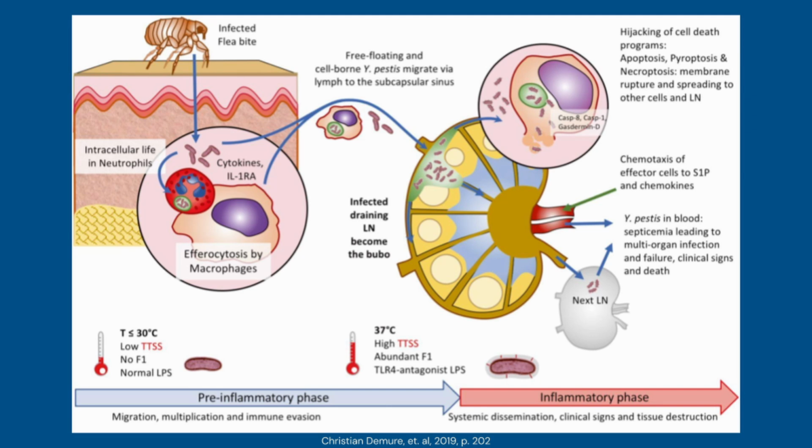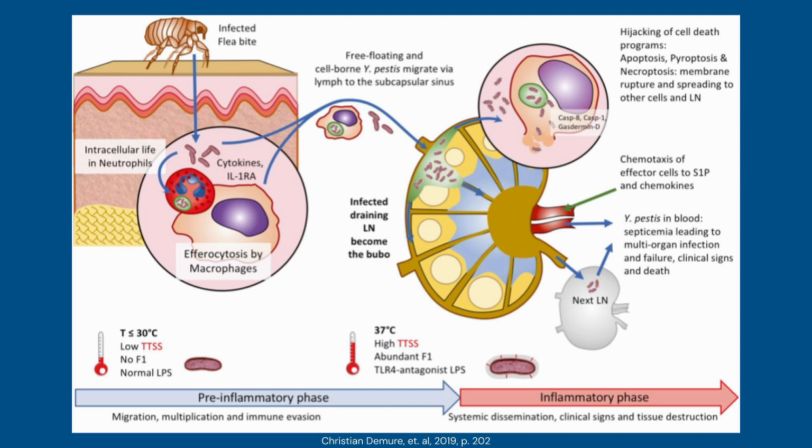It will use that to enter into the macrophages, where it can be transported and be safe, where it will lie low, and it will purposely not trigger your immune system. At this stage, it will just multiply and migrate to your lymph nodes.